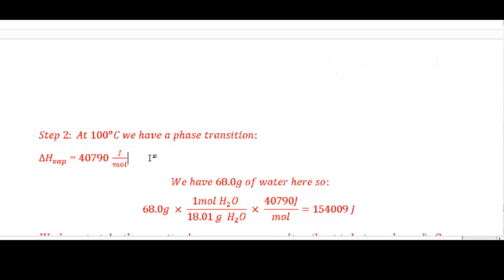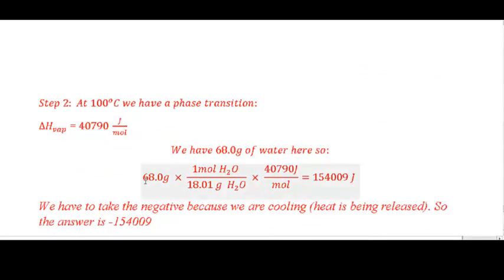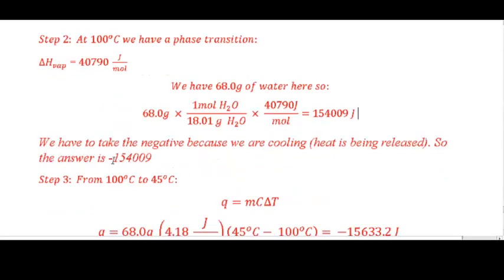This is for 1 mole, I got 68 grams of water, so I have to convert it to moles, and realizing for every 1 mole of water, it takes 40,790 joules to vaporize it. So it's 154,009 joules to overcome that phase change. And I have to put a negative sign here because heat is being released.